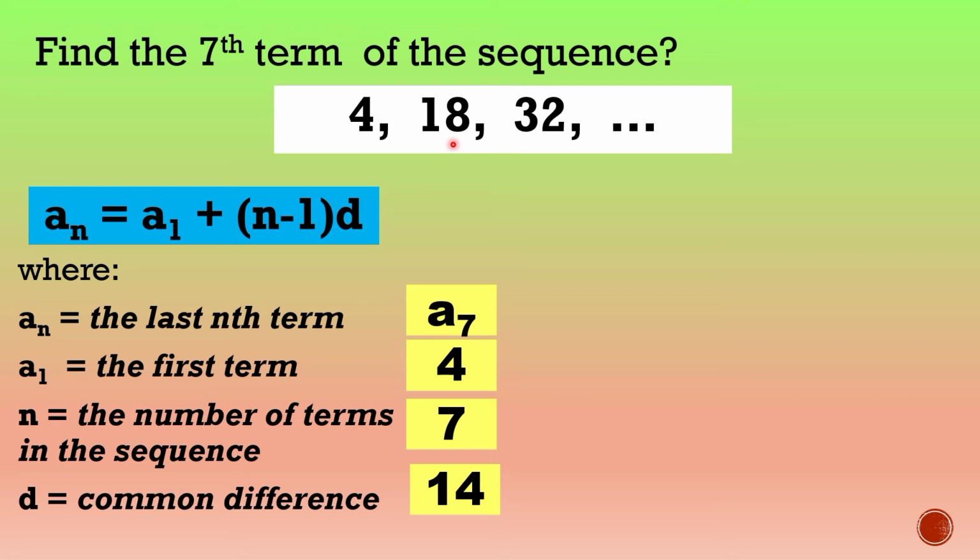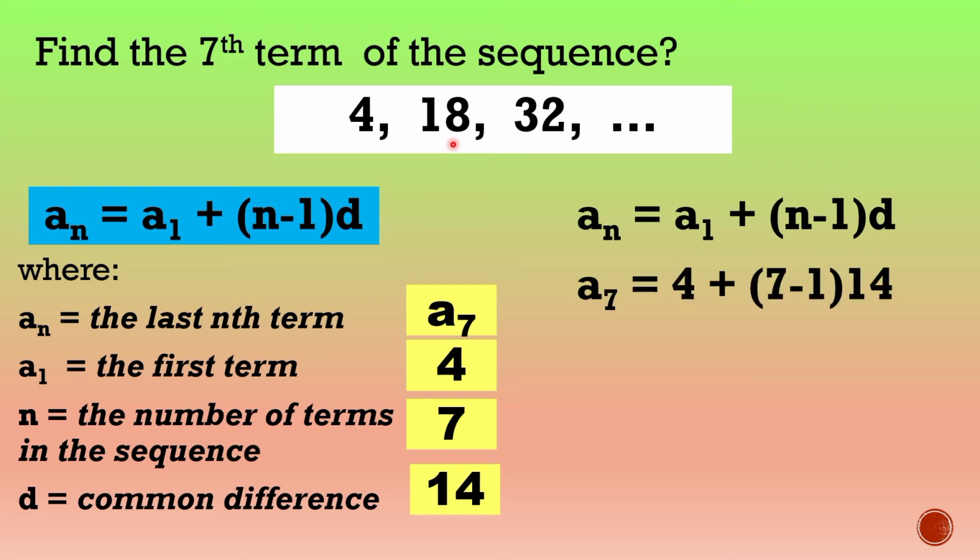Now, let's substitute yung ating mga nakuhang parts ng ating formula. So, a sub n will become a sub 7, a sub 1 will become 4, n will become 7, and d will become 14. So, compute natin yung nasa loob ng parenthesis. A sub 7 is equals to 4 plus 7 minus 1 is 6 times the quantity 14.